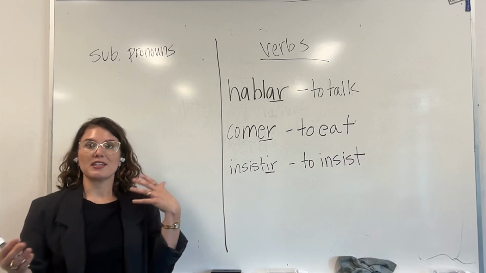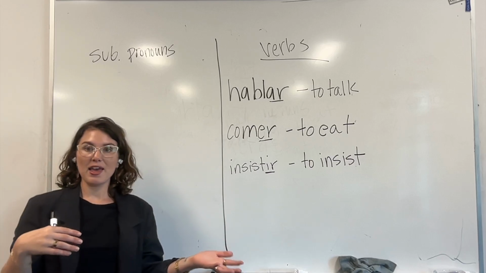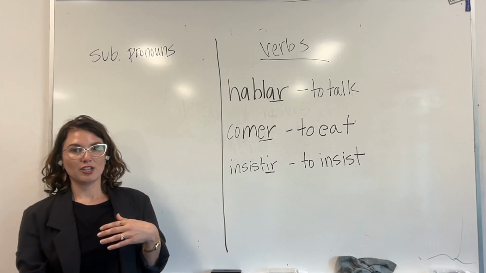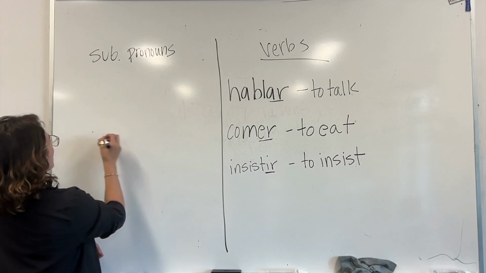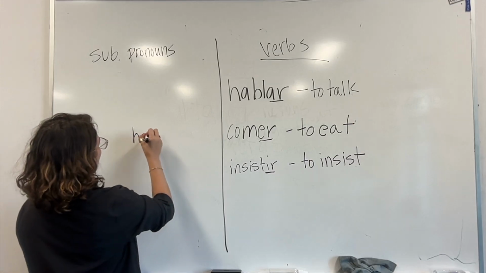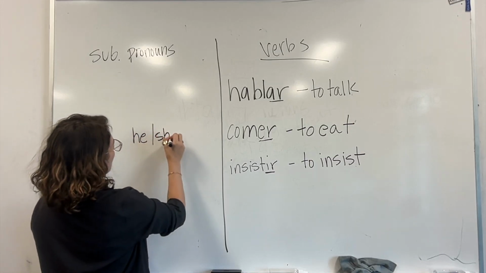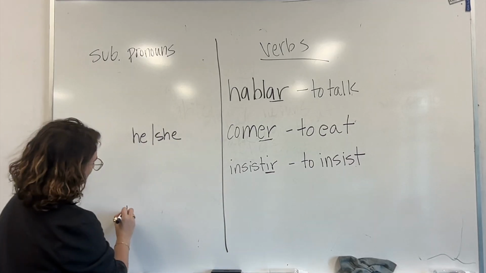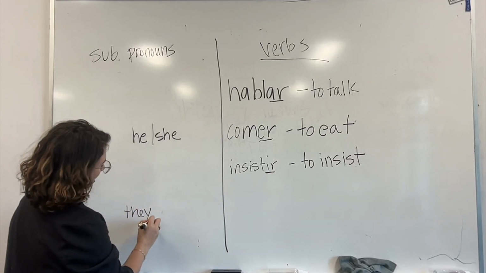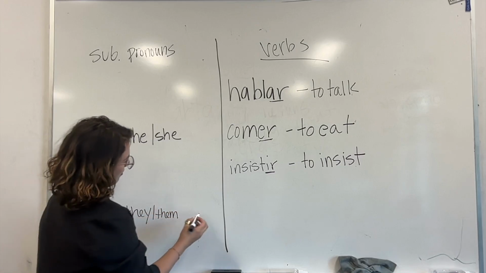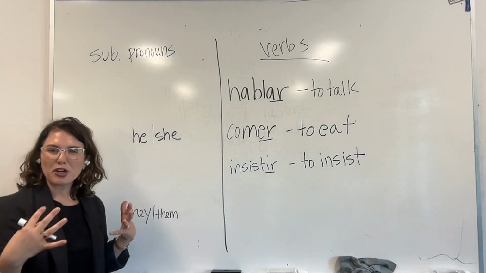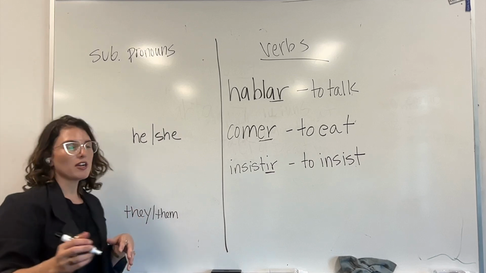The options are things like he, him, she, her, they, them. So we'll go ahead and write those. He, she, they, them. Does this trigger your memory to think about what other pronouns are?